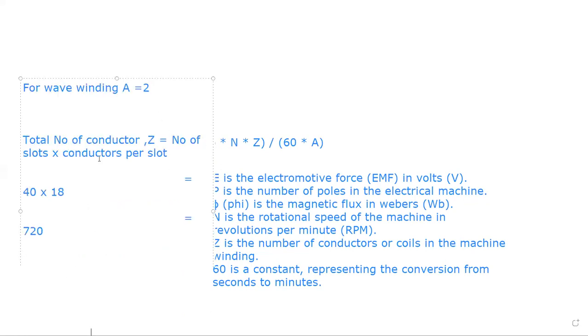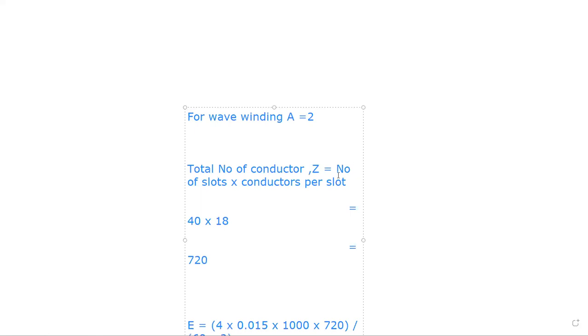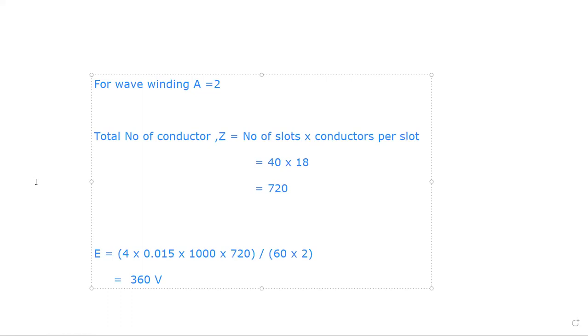Finished, sir. Everybody? Anybody was writing or you're already finished? Already finished. Okay. So they are saying the type of winding is wave winding. So for the wave winding, A is equal to 2. In the problem, they are telling the number of slots and conductors per slot, right?